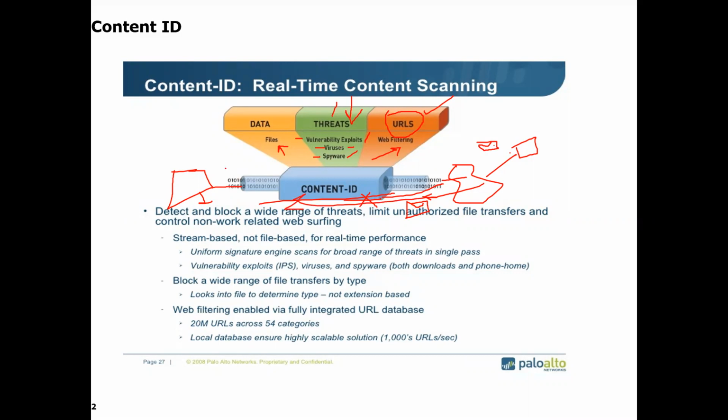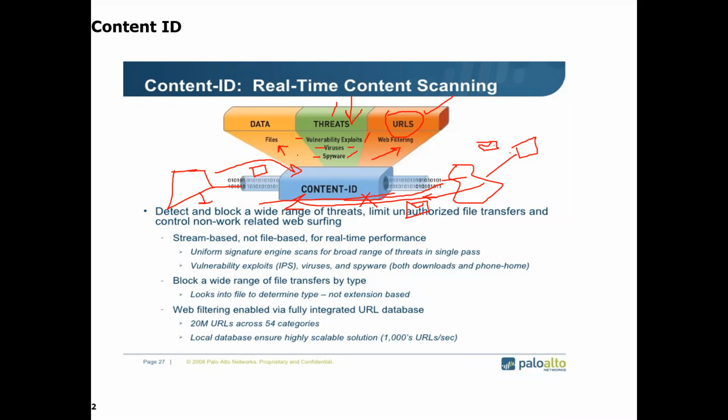Similarly, data. Suppose this guy is trying to send something outside, and in the data rules we say our user cannot send any PDF file outside, or any Word file, or any sensitive data of the company.